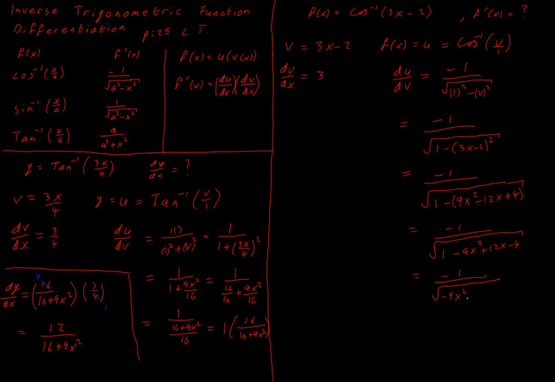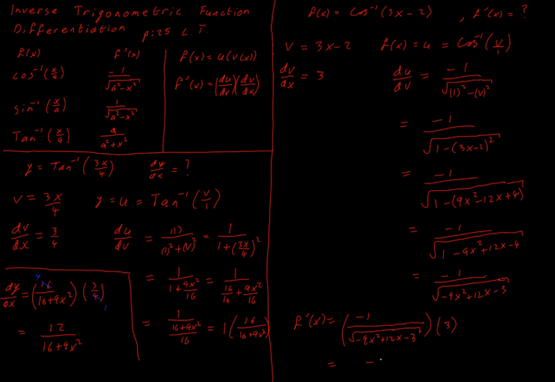Plus 12x minus 3. And I'm now in a position where I can do my dy dx, or my f dash x, is going to be my du dv times dv dx, which is just 3.